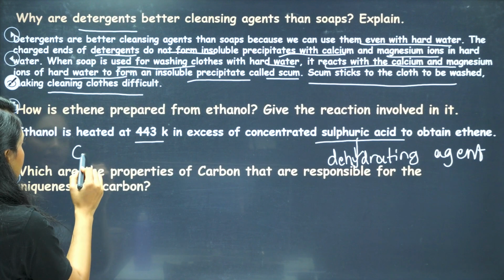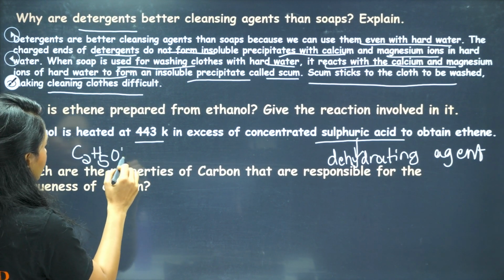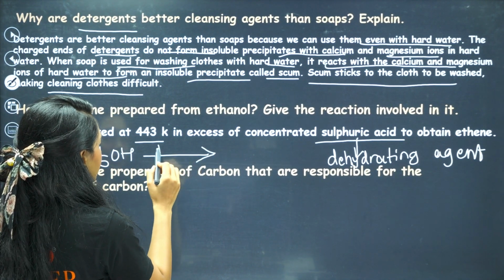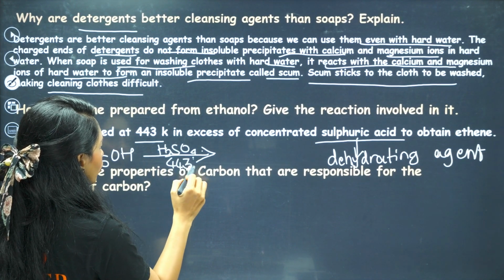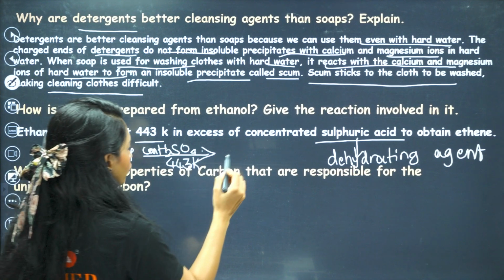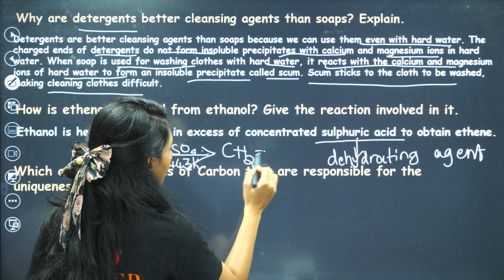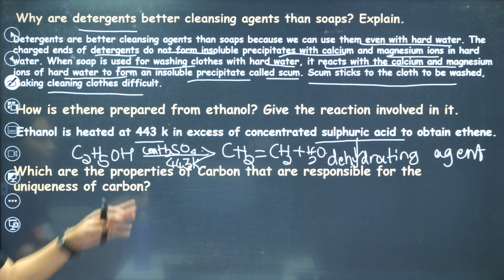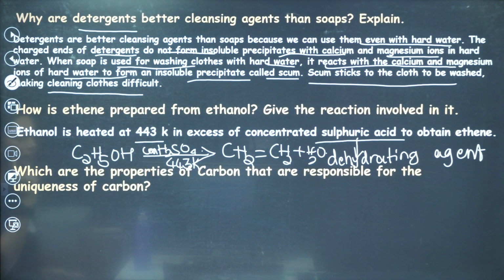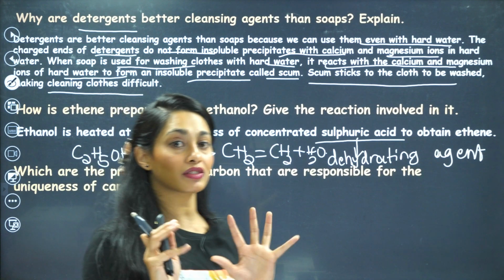That's very simple. C2H5OH, when heated in presence of concentrated H2SO4 at 443 Kelvin, forms CH2=CH2 with water. This is the preparation of ethene from ethanol.